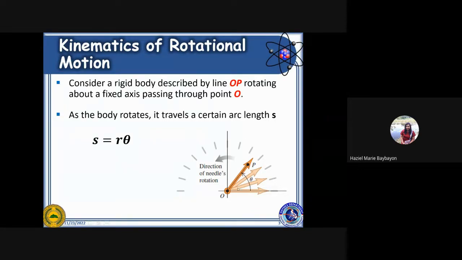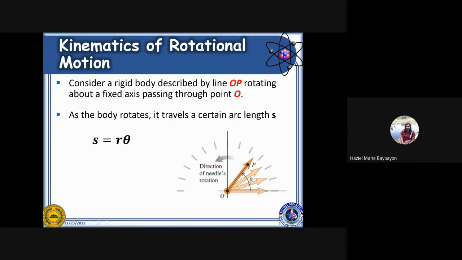So we define r as the length from the origin towards the point P. So this is the distance gikan diri sa center towards the point P that we are considering. And then theta is the angular displacement. So gikan siya diri, initially theta equals 0, and then na-displace siya after some time.